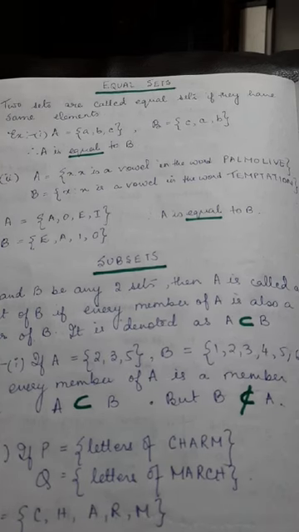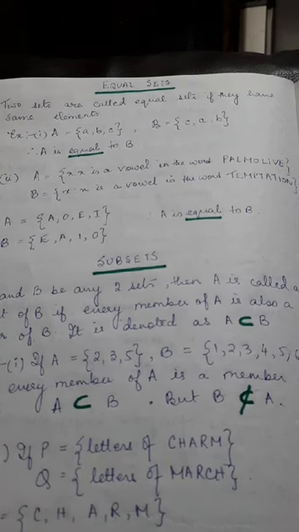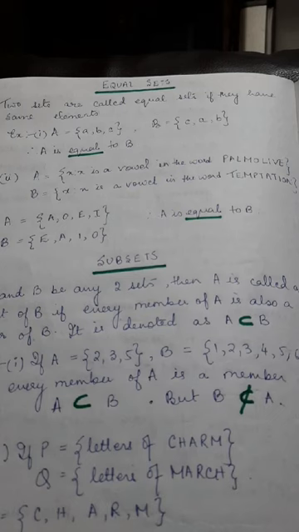For example, set A has A, B, C, set B also has A, B, C, but the arrangement is different. It's given C, A, B, but the members are the same. So A is equal to B. Two sets are said to be equal when they have the same elements. That's called an equal set.